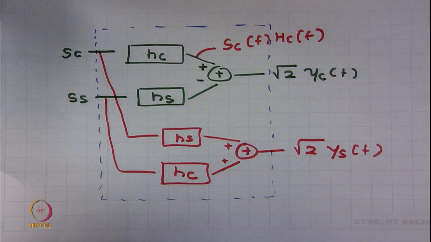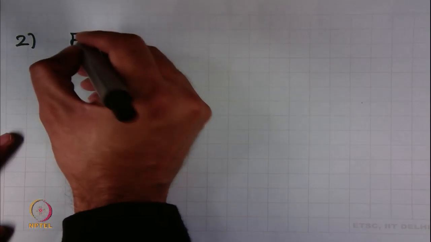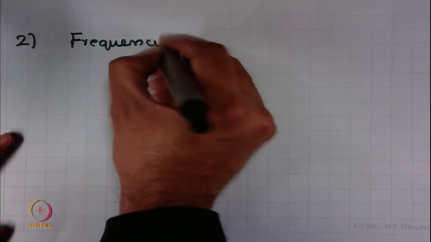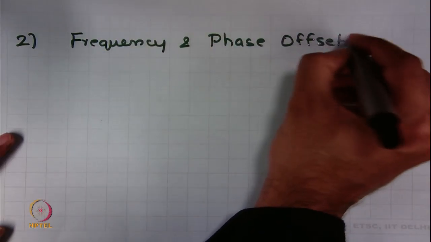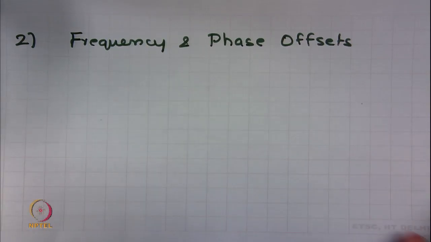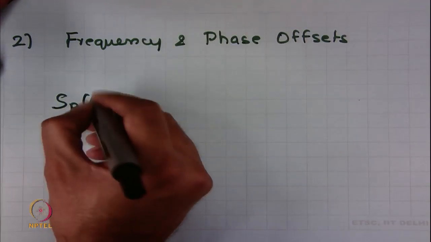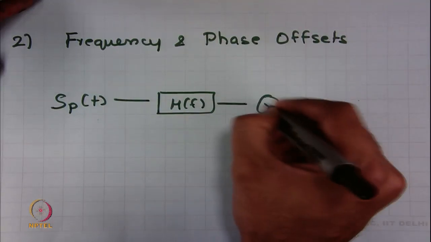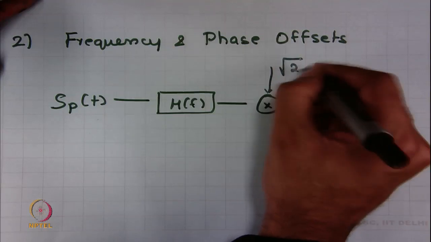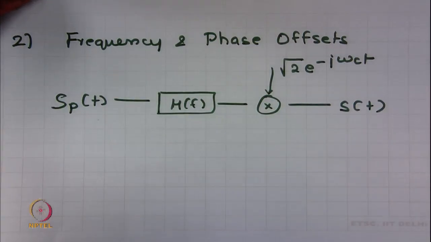Let us now look at another interesting problem of frequency and phase offsets. This is the second important example. Let us look at this picture that we have seen several times, which says that if you have SP(t), you pass it through the Hilbert filter, and you multiply this with root 2 e to the power minus j omega c t, and we have said you get S(t).